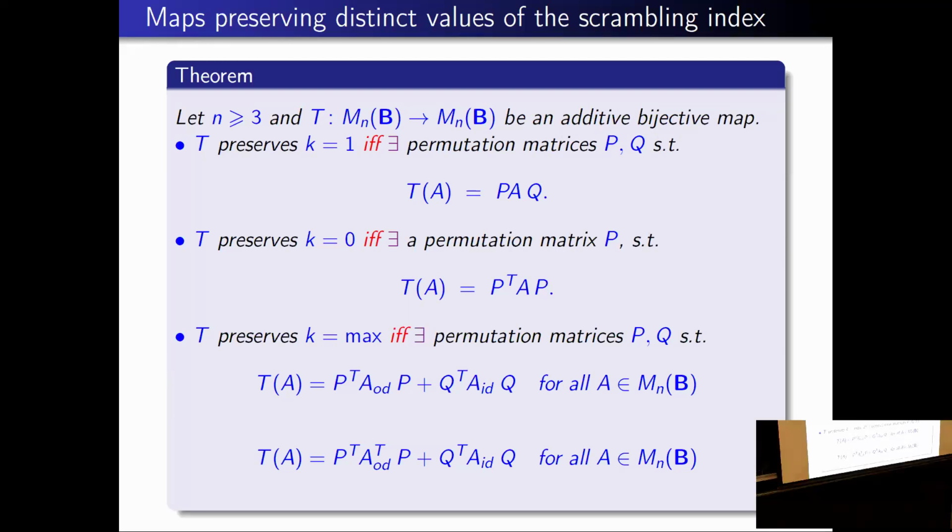So for an additive bijective map, depending on the value of the scrambling index, if it is 0, you have this kind of characterization. If it is 1, you have a little bit more maps. And if it is extreme, you have a certain sum where you act permutationally on the diagonal, and off-diagonal parts separately.